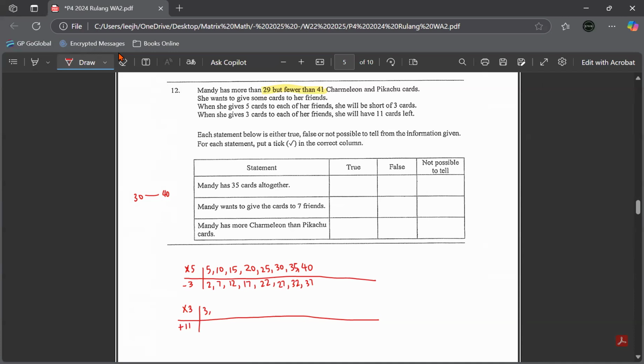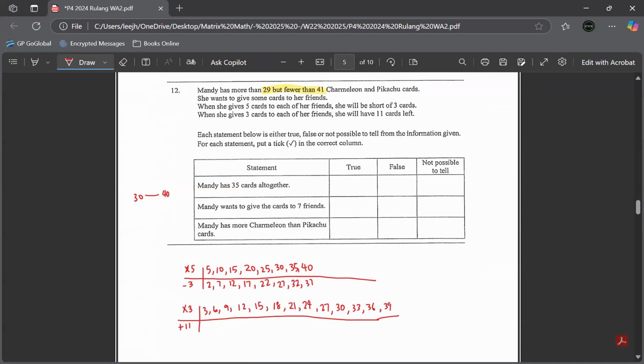So this will be 3, 6, 9, 12, 15, 18, 21, 24, 27, and so on. Actually, we do until 30, 33, 36, and 39.